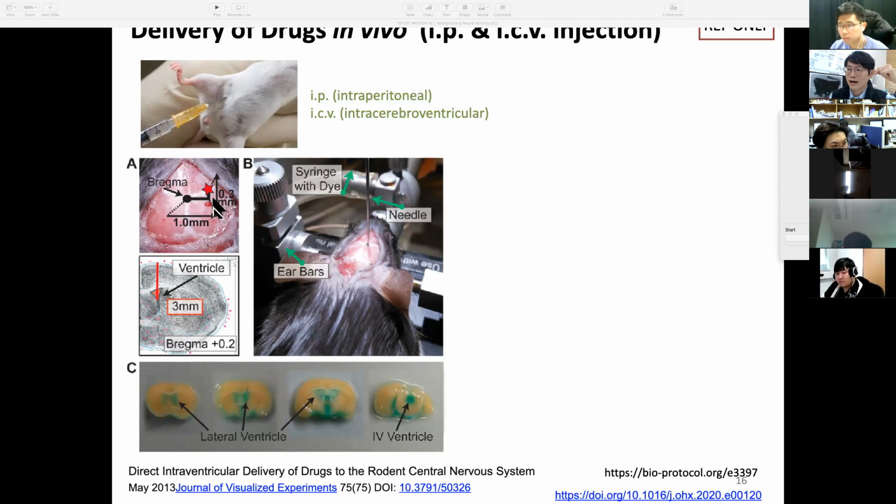So you have a stereotactic procedure to target that ventricle. And this ventricle contains CSF, which directly meets with all these cells in the brain. Later you can check with this dye, lateral ventricle, IV ventricle, you can do this delivery.